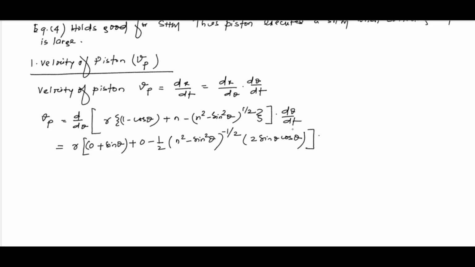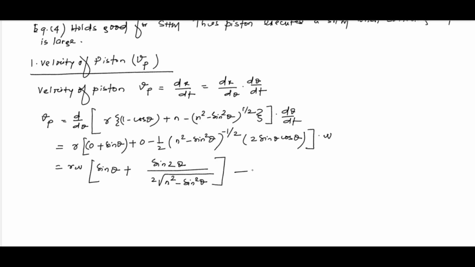So this d theta by dt can be represented as omega. So we have r omega of sine theta plus sine 2 theta divided by 2 root over of n square minus sine square theta.